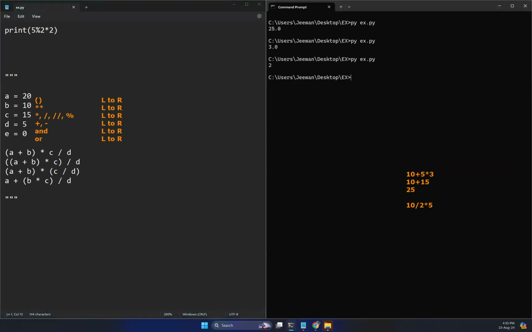How do you get 2 as the answer? 5 modulus 2 is 1 and 1 times 2 is 2. Great, great, great.